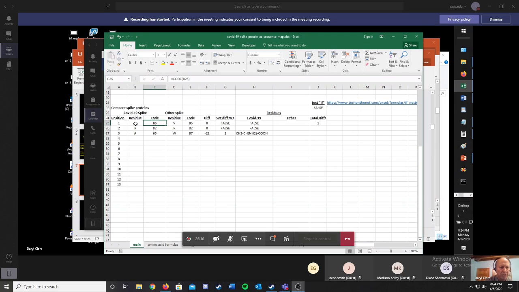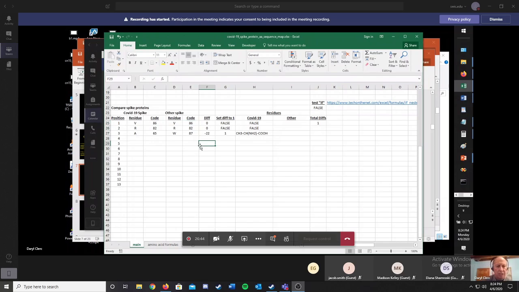So that'll convert the V to its number and do the same thing all the way down. So we get 86, 82, 65, and do the same thing for whichever spike protein you choose. Now we have these two columns of numbers, and we could subtract them to find differences.